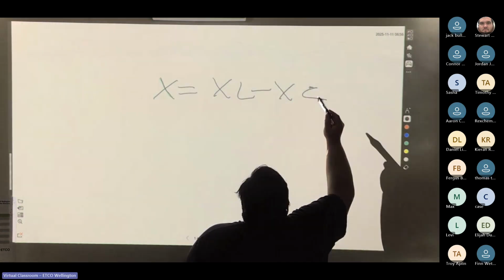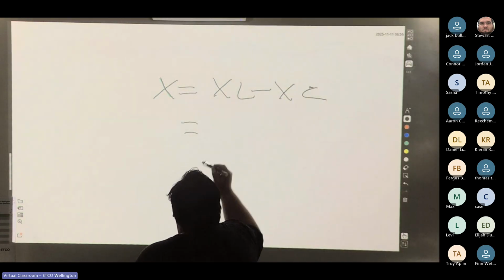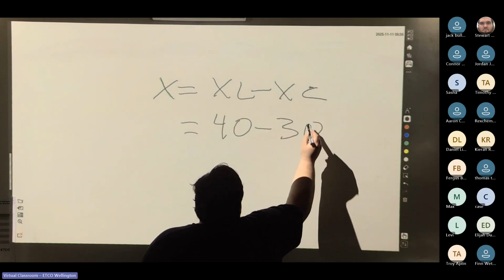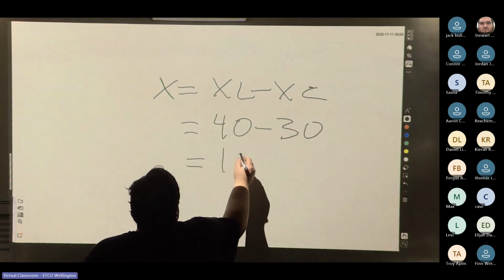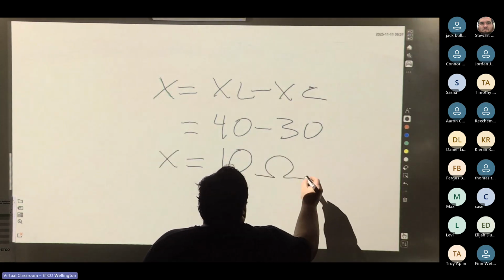So we have an inductive reactance of 40 minus 30. Nice, easy math. X equals 10 ohms.